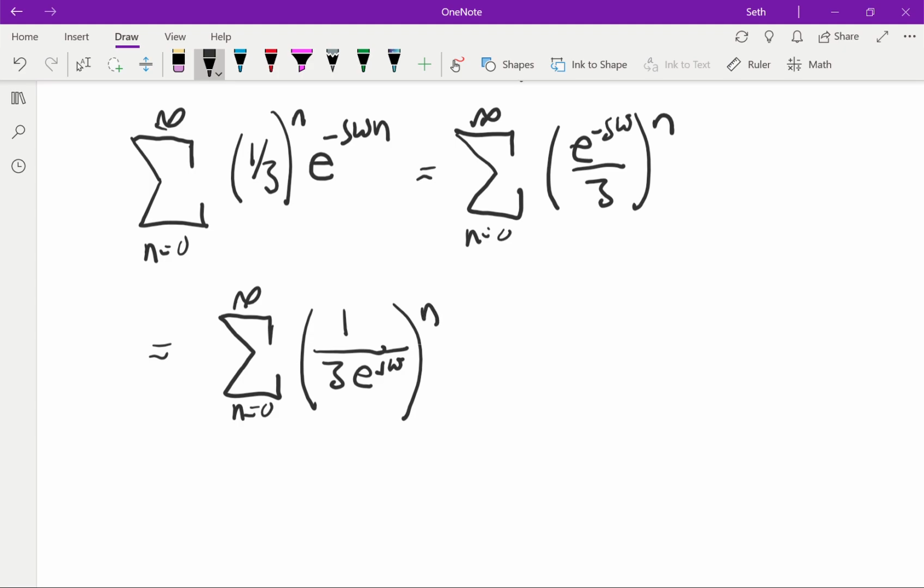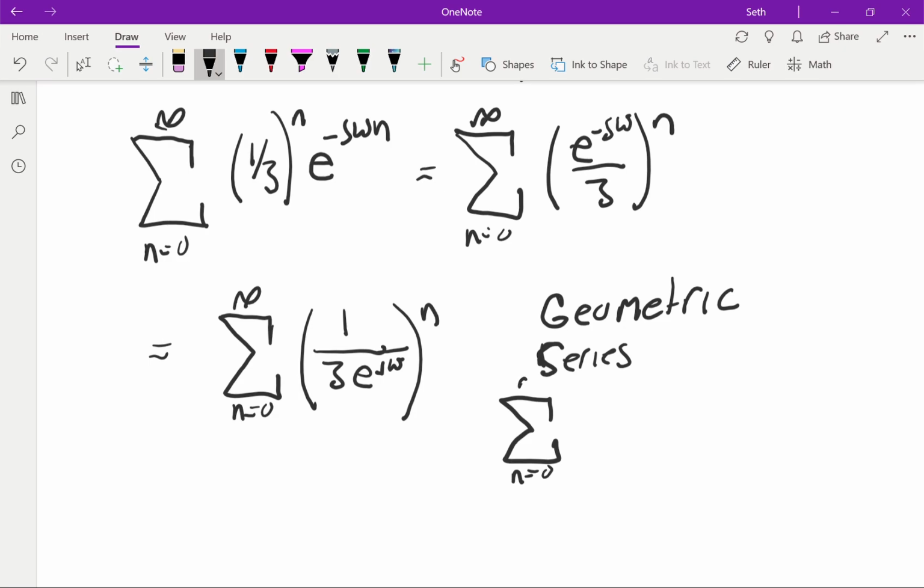One of the series we've studied in this class is the geometric series for positive powers, and we know if the absolute value of a is less than 1, this converges to 1 over 1 minus a.